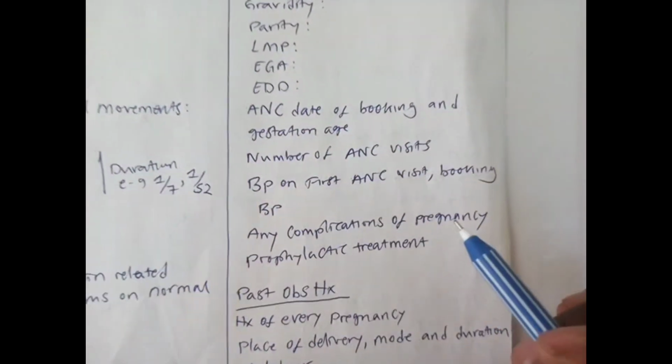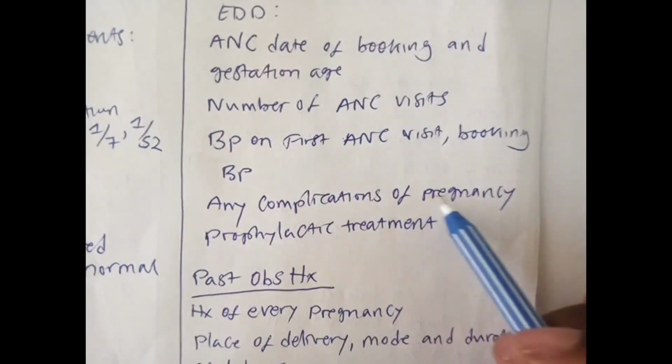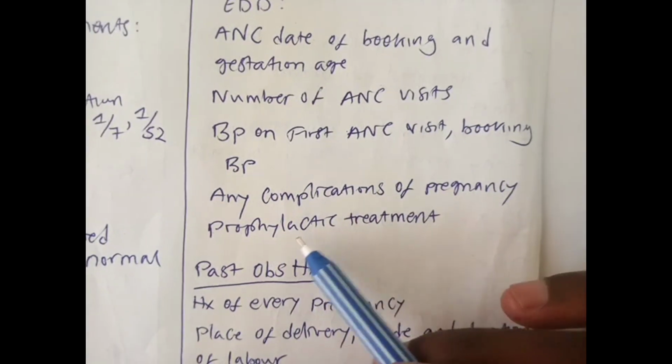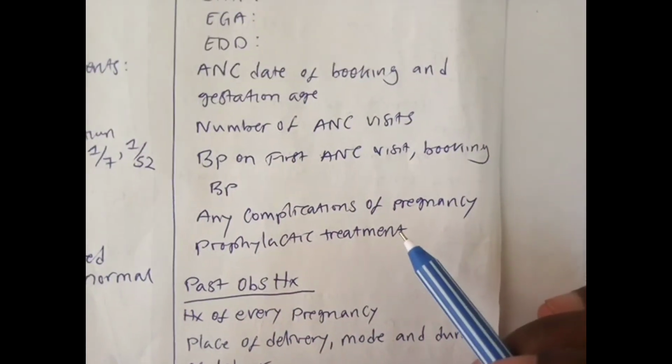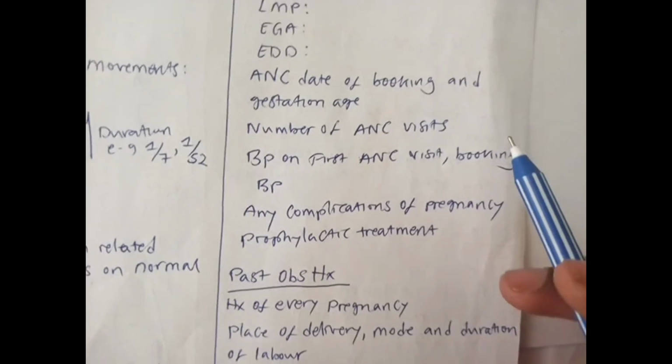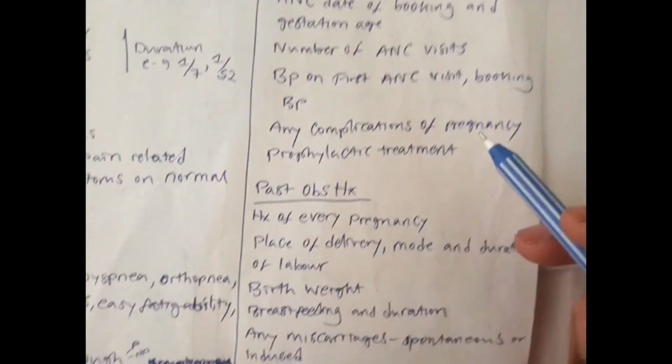You ask what was the BP on booking. Were there any complications of pregnancy? What was the prophylactic treatment? So prophylactic treatment, you have fansidar, which of course has to be given, and malaria prophylaxis. Those are the prophylactic treatment.